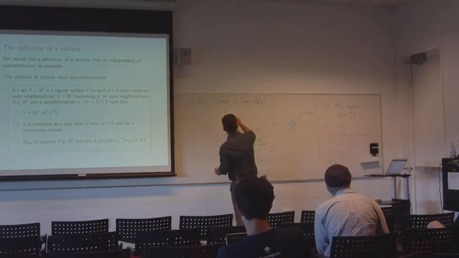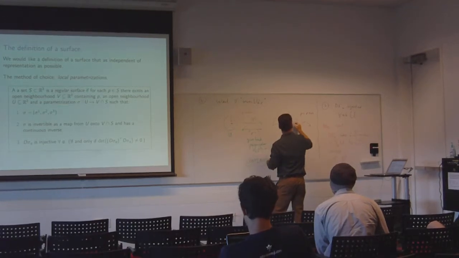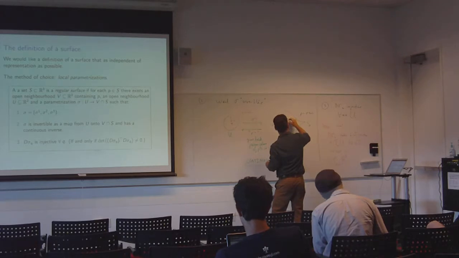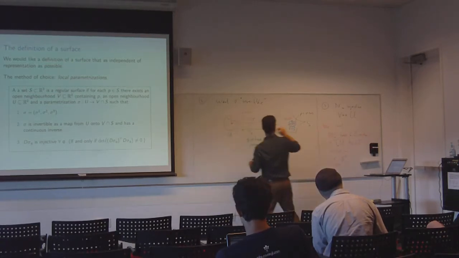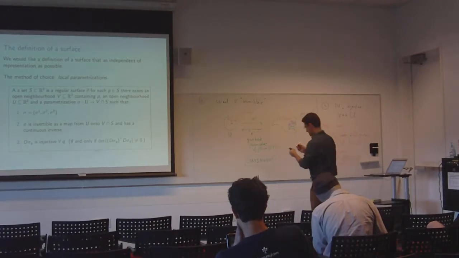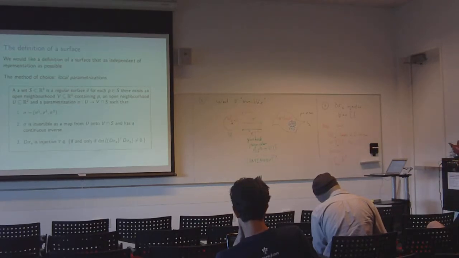So let me draw little guys like this, linearly independent. And it's going to go somewhere, right? This is d phi u acting on these vectors. So this is, let's say, v1 and v2, two vectors. Right? You still want these to be linearly independent as you map over. Okay? Now, if d phi has this behavior, what does that mean about phi?